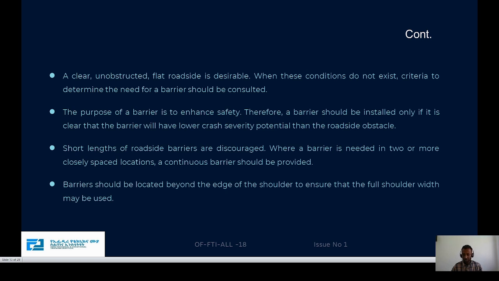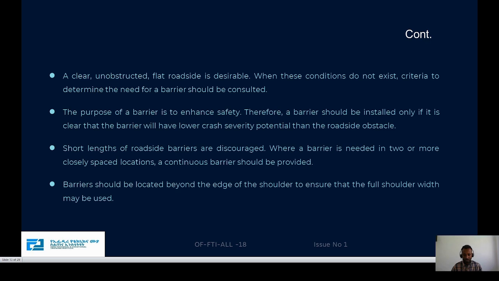So if this condition does not exist, it is recommended that a road barrier should be consulted. The purpose of a barrier is also to enhance safety.